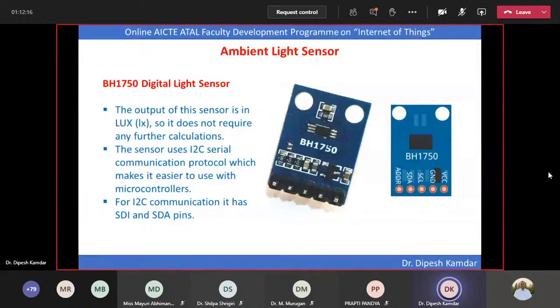There are again plenty of ambient light sensors present in the market. One of the well-known and more useful nowadays is the BH1750 digital light sensor. The output is directly calibrated, and it gives the light intensity measured in lux, so it does not require any further calculations.